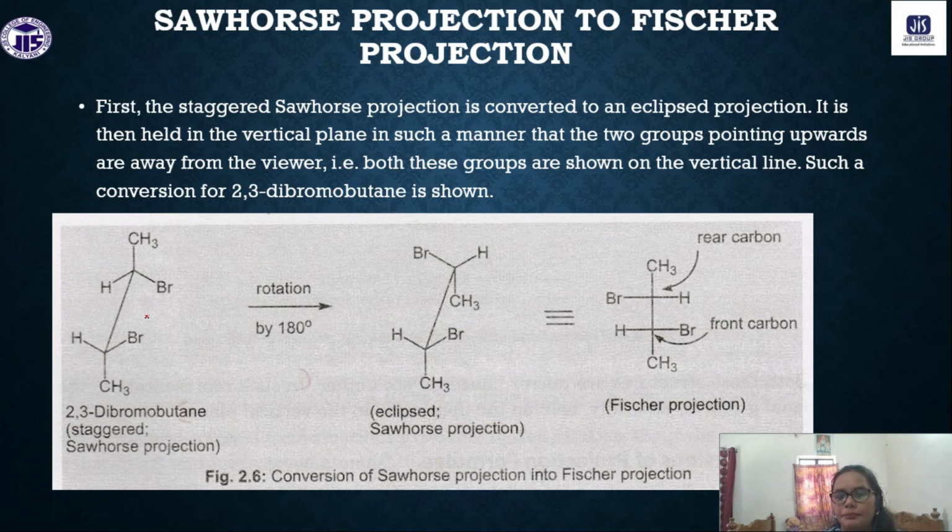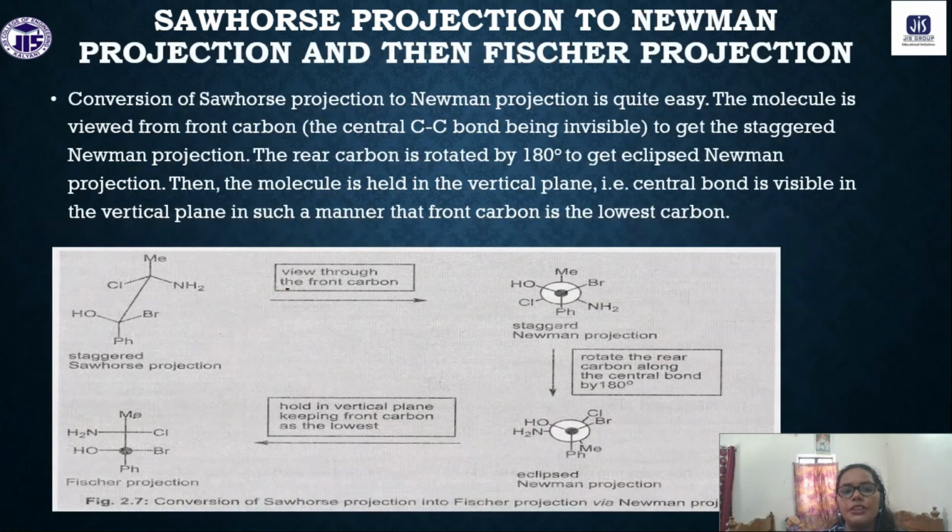What will happen if we rotate it 180 degrees? So Br will come here, right, and hydrogen will come here. So that means Br will be at the left hand side and hydrogen will be at the right hand side. Here also the Br will be at the right hand side and the hydrogen atom will be at the left hand side, and this is your front carbon. Okay, this is the front carbon. So this is the Fischer projection, Sawhorse to Fischer projection.